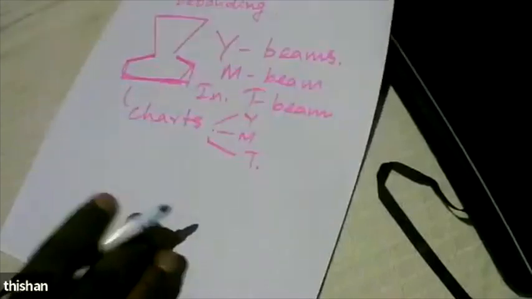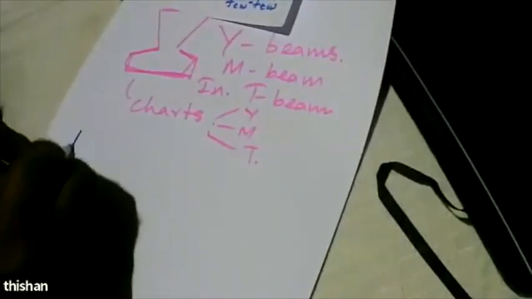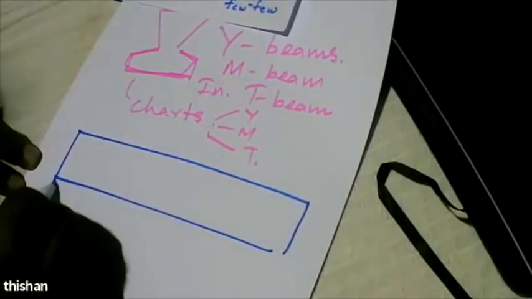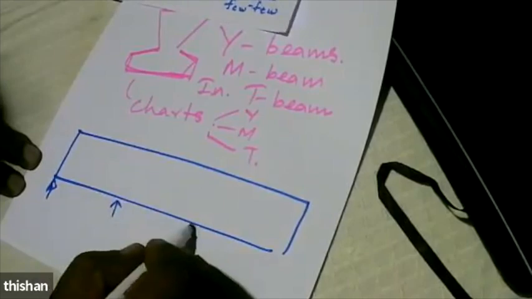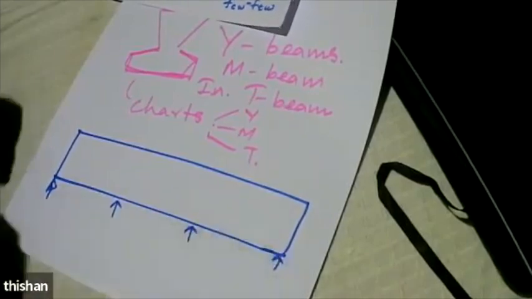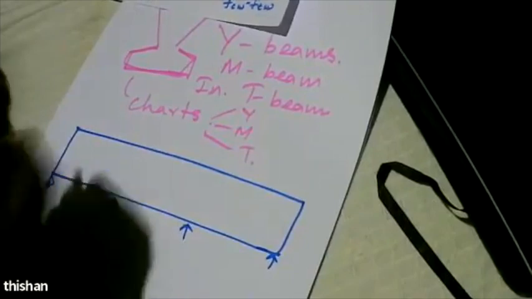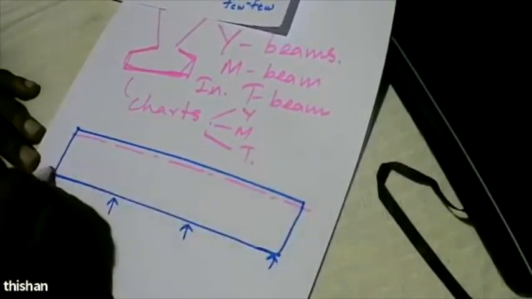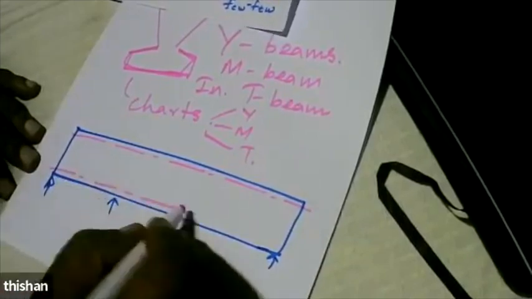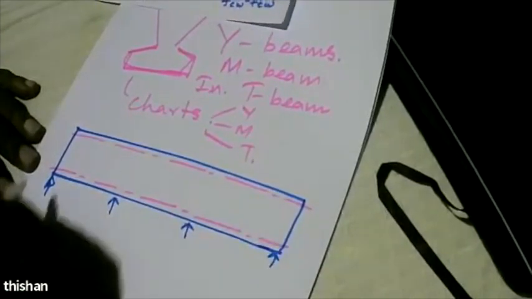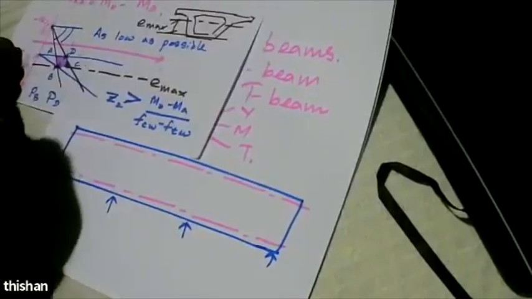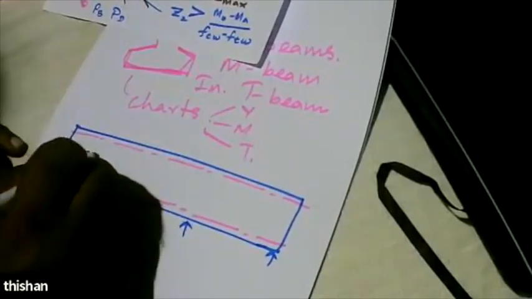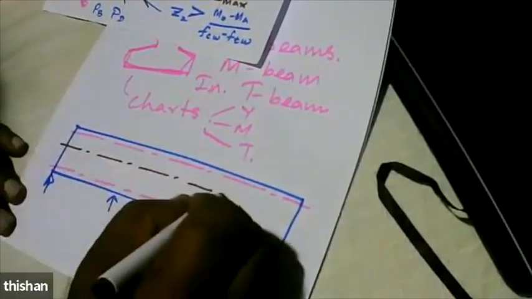If you select a sufficiently large prestress, what will happen is these are your maximum and minimum boundaries. You can't place any tendon beyond that point. And this is the level where you get the centroid.